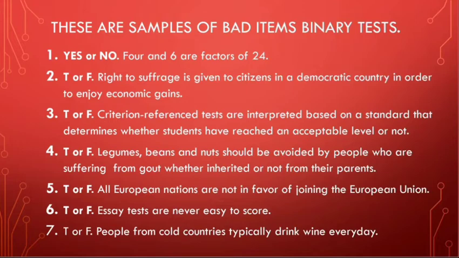If you are going to assess this sentence, what's wrong with number four? There are insignificant or trivial facts or words in this sentence. Because simply, we're just asking whether these vegetables, or some are fruits, stated here, are contributory to gout.